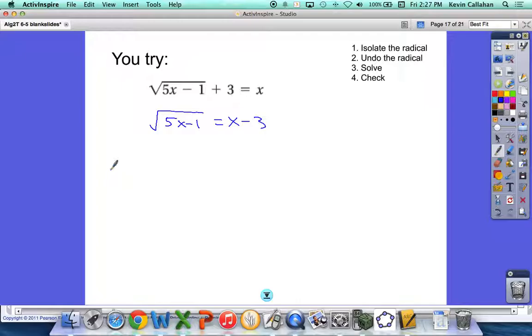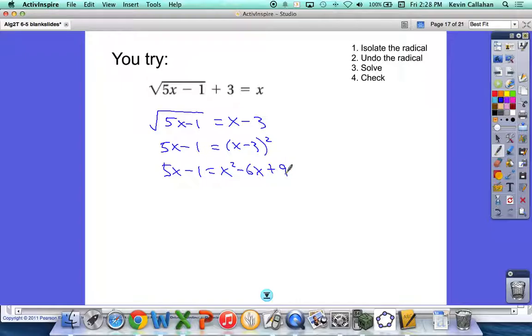I assume we all got that far, right? And did we all get this far? 5x minus 1 equals x minus 3 squared. Okay. Did we all get this far? 5x minus 1 equals x squared minus 6x plus 9?